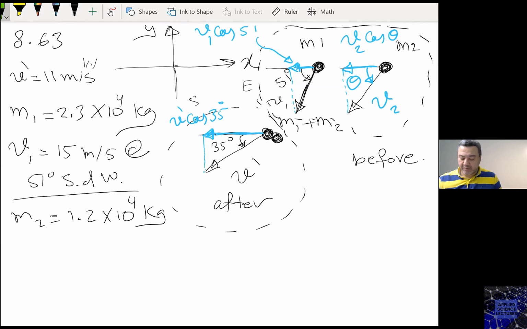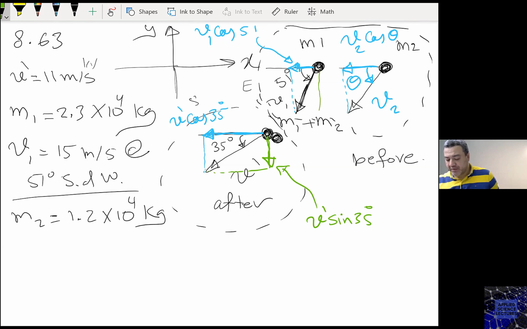Now let me do the y components in green. The projection for the y component will be projected this way. So this is my y component here, which is v prime sine 35 degrees.